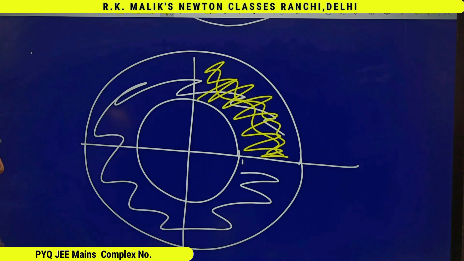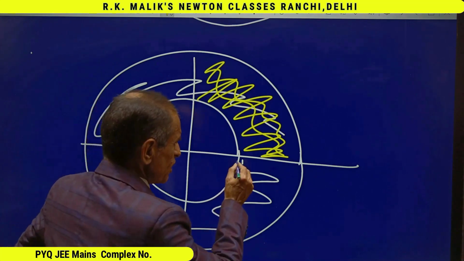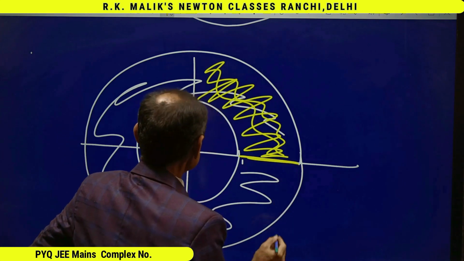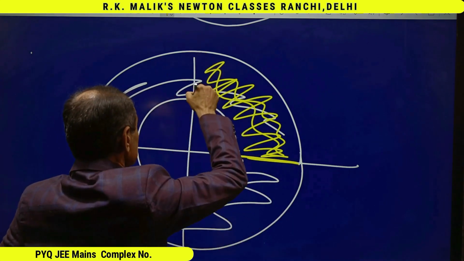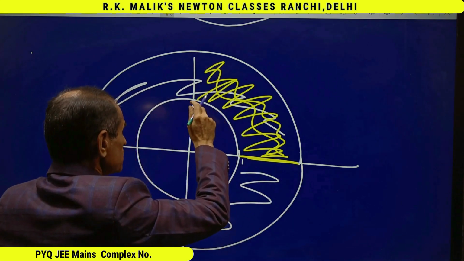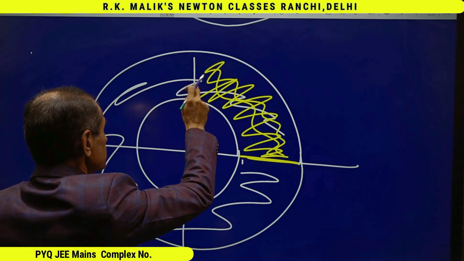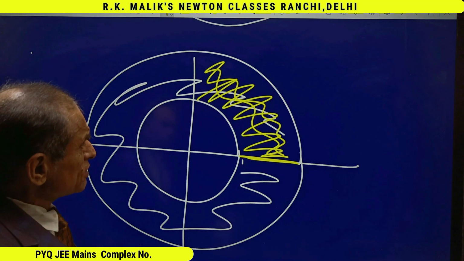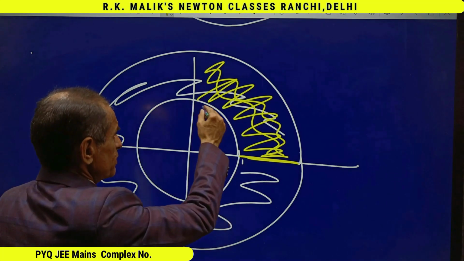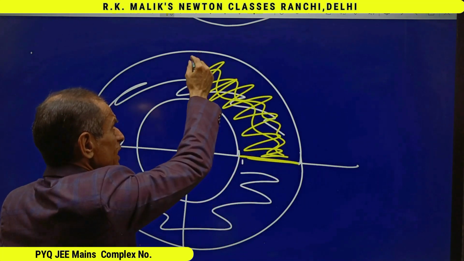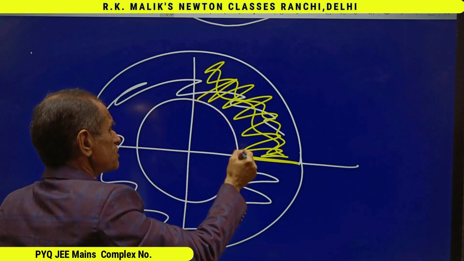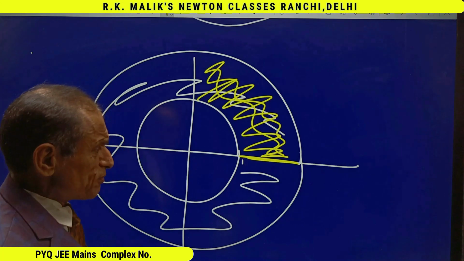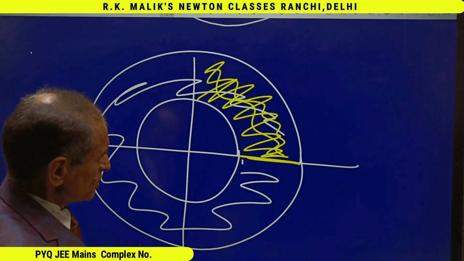But note that in this region, if I include the points of this, then I will have to exclude the points of this, because otherwise this will be counted in this also and this also. Therefore, I just find the number of integral points in this region, excluding the points on this but including the points on this, and then I will multiply it by 4.